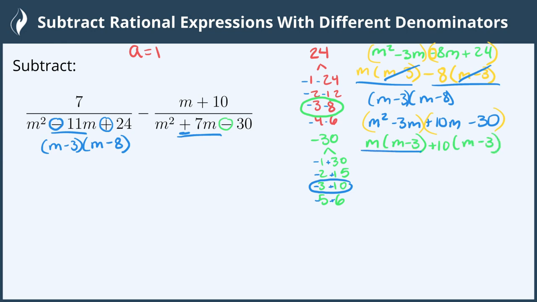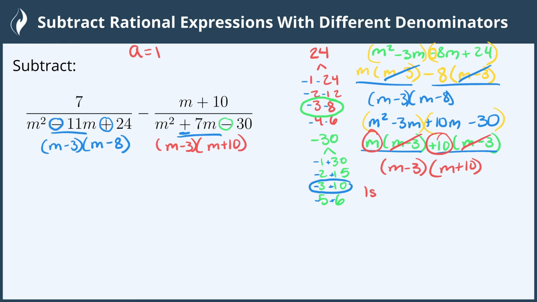Now we have two terms with the greatest common factor of m minus 3, so we'll pull that out, dividing them both by m minus 3, and we're left with m plus 10. So our second denominator is m minus 3, m plus 10.